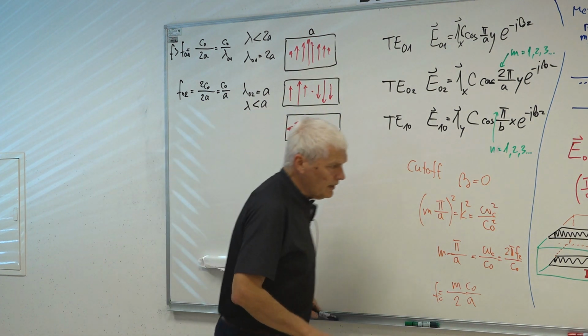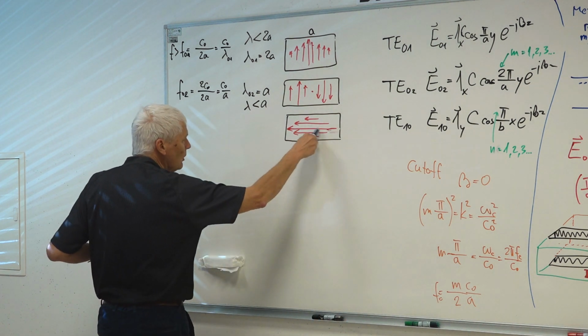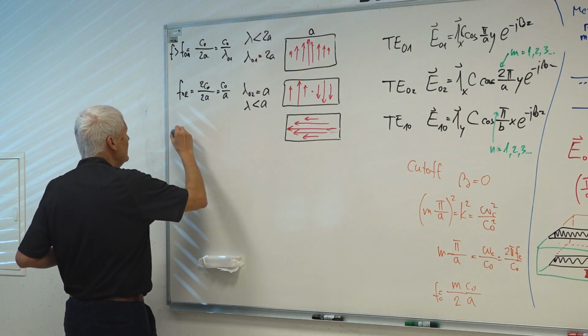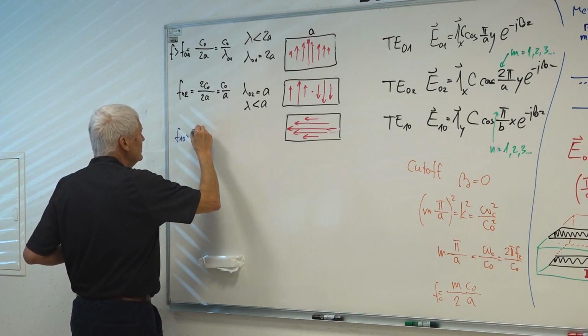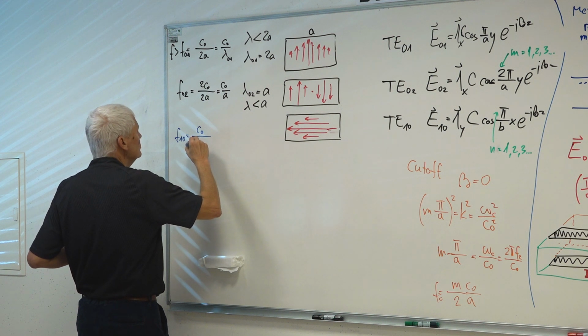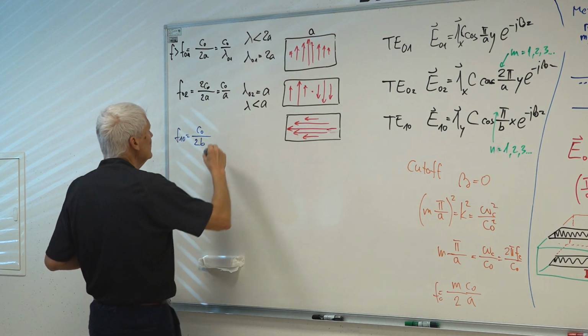And for the final example I have here, for the mode with the other polarization, f10 is now equal to C0 over 2b, because I have b in the x direction.